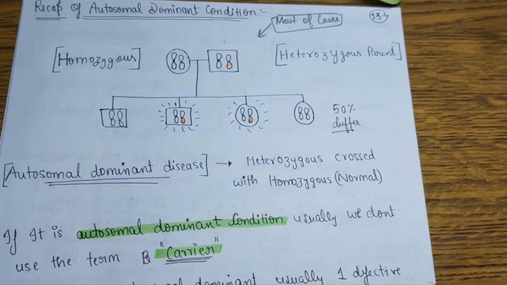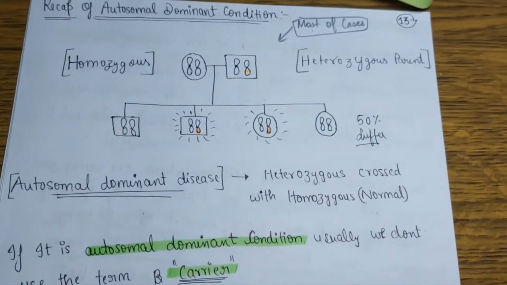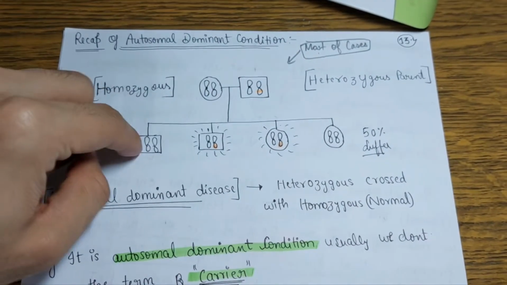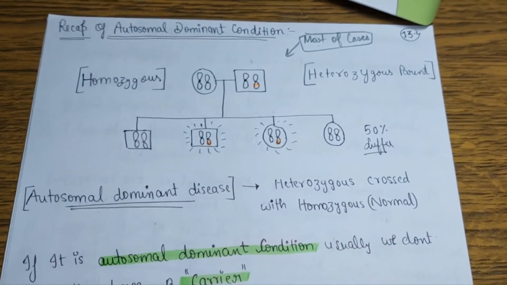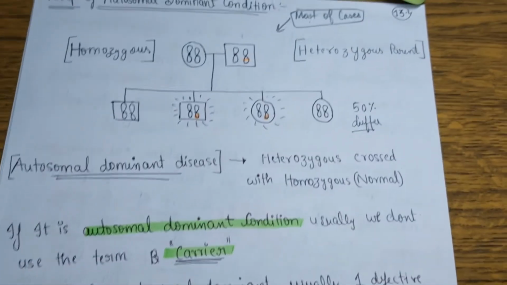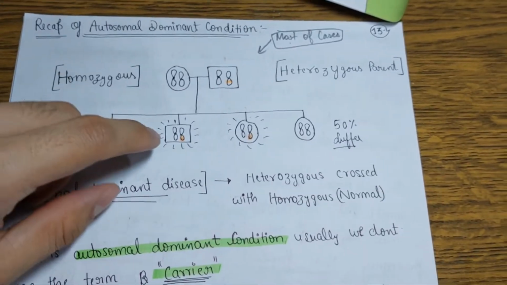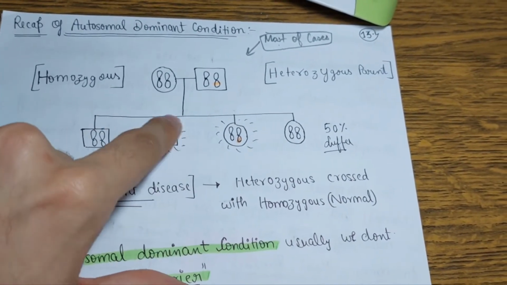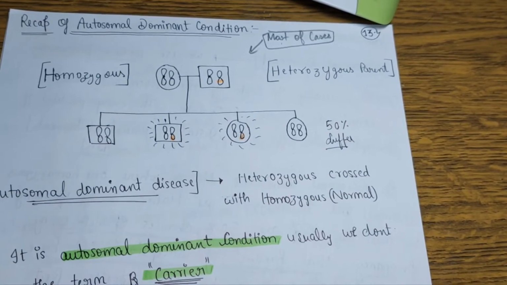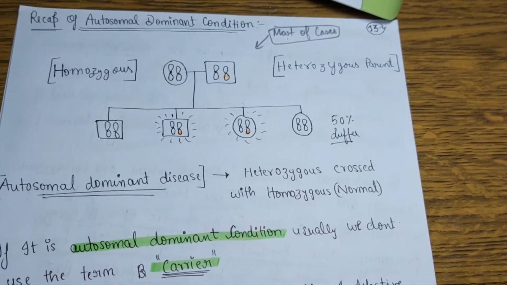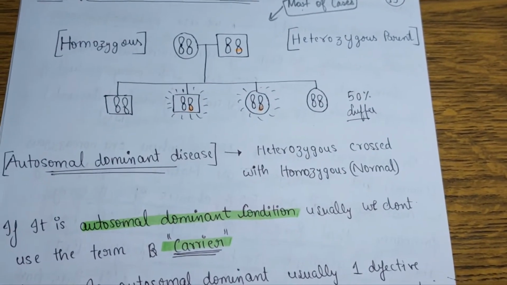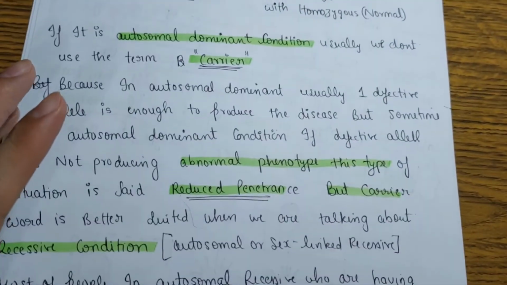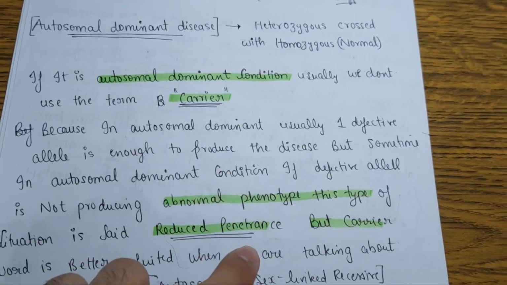The important point is that genotypically there is a 50% chance that they are going to carry the gene and a 50% chance that they are not going to carry the disease. But if the offspring who is carrying the defective gene does not express the phenotypic manifestation of the autosomal dominant disease, then we don't call that person a carrier, but we say that he has reduced penetrance.